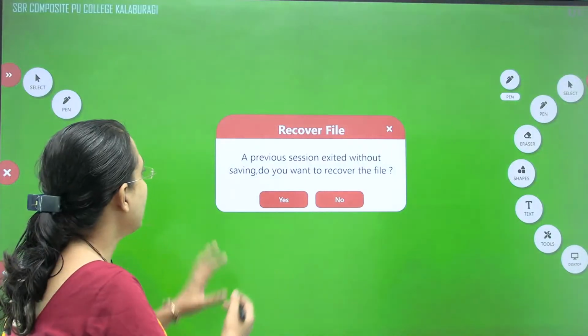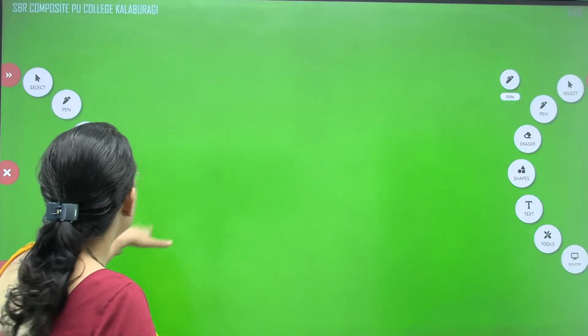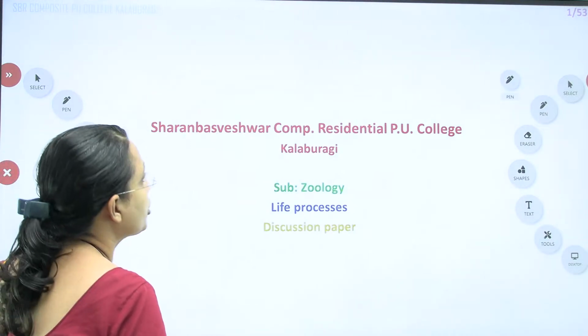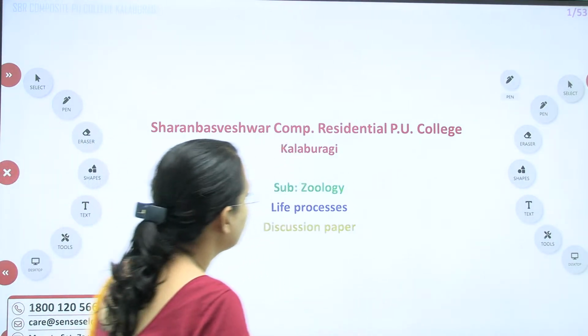So it is basically moving in an anti-clockwise direction. Okay.